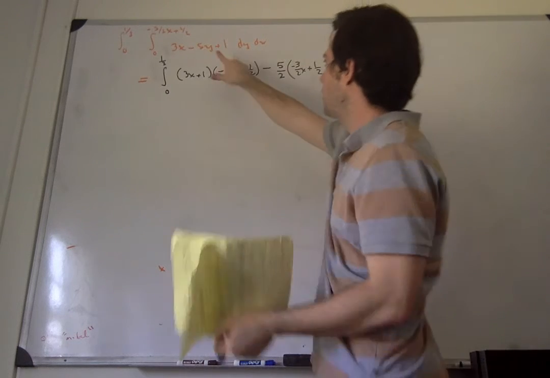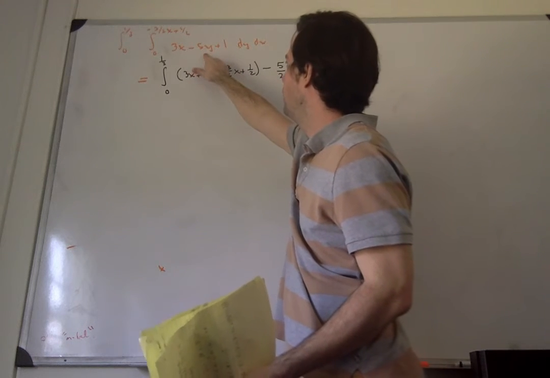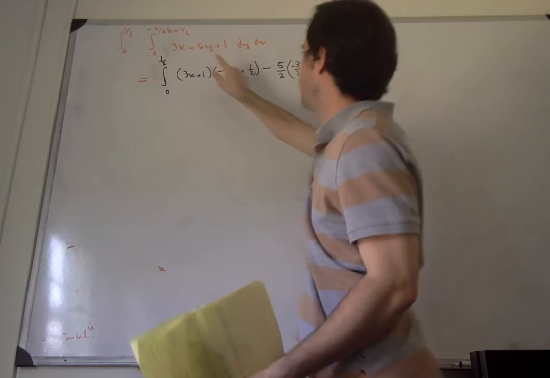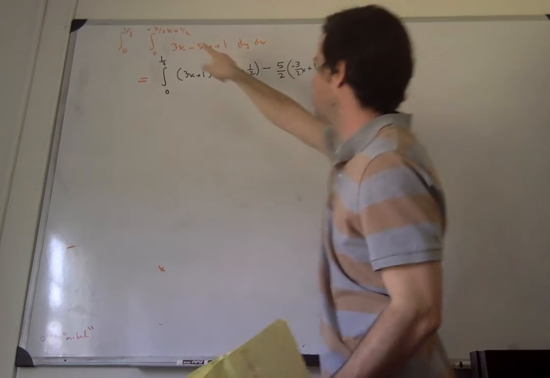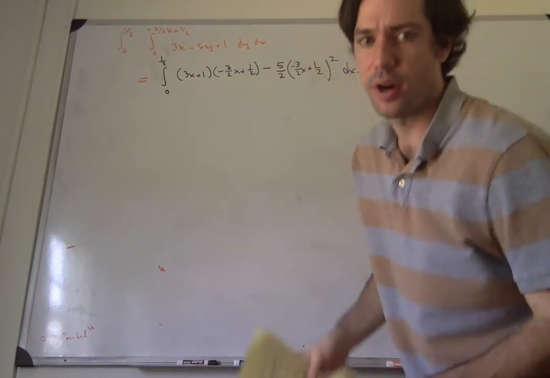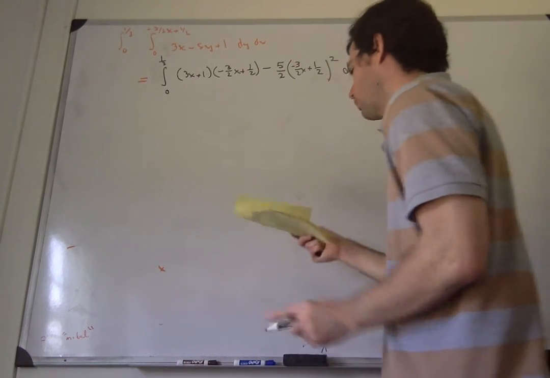Okay, so how did I get that? Well, that's the 5y. When you integrate the y, you get 1/2 y squared, right? 1/2 y squared, and then I replace the y with that top part of the integral. Okay.